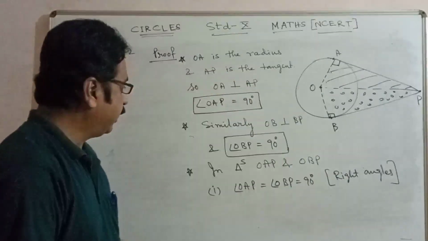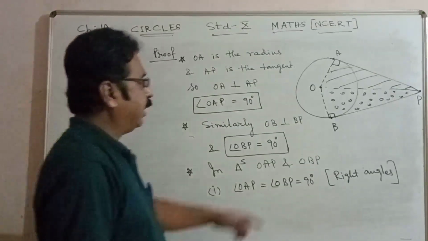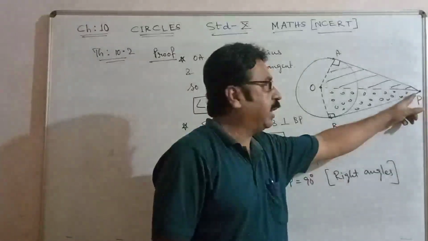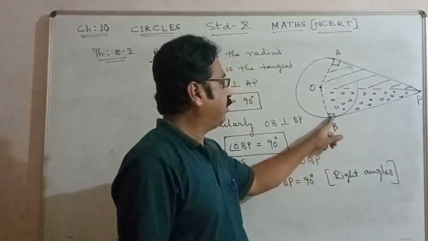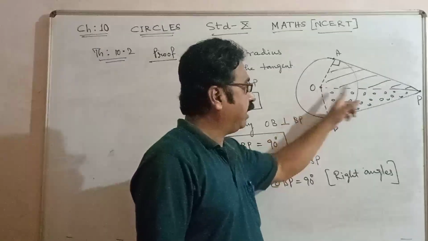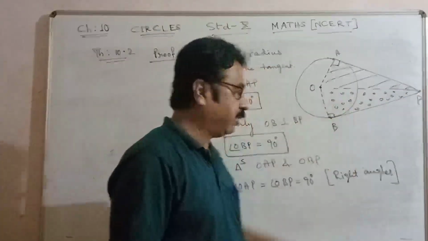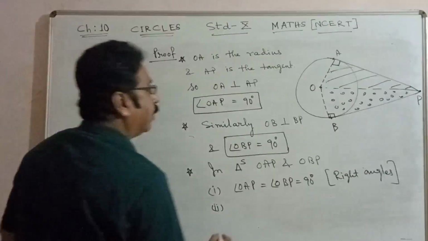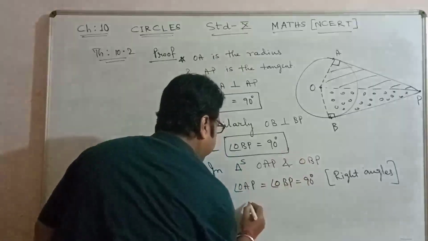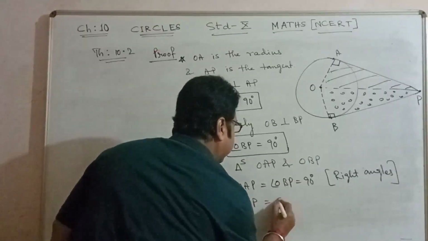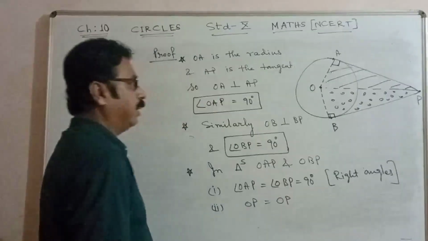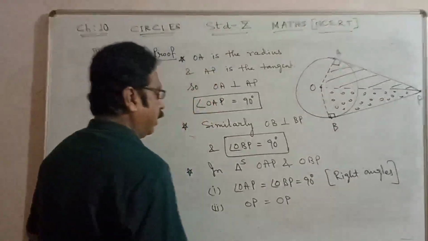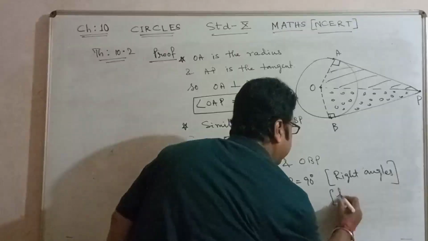Now, opposite to angle A, the side is OP, that is hypotenuse, and opposite to angle B, it is also side OP, it is also hypotenuse. Second point, OP equals OP. This is the common side of both the triangles, so must be equal. It is hypotenuse.